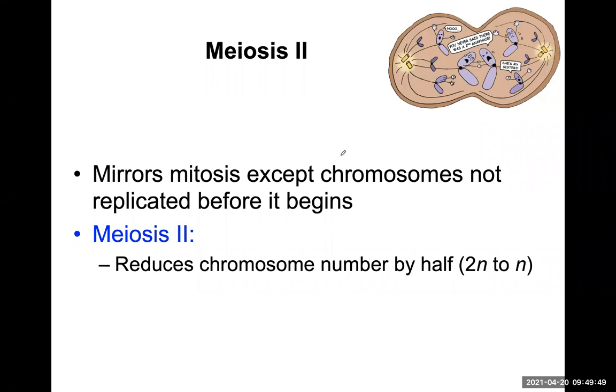Okay, so we call meiosis 2 the reduction division, because the whole point of meiosis 2 is splitting that centromere and dividing up those sister chromatids into 2 different cells. And remember, those sister chromatids after meiosis 1 are genetically unique from one another. So at the end of the day, when you get the production of these 4 haploid cells, each one of those haploid cells is going to be genetically unique from each other.